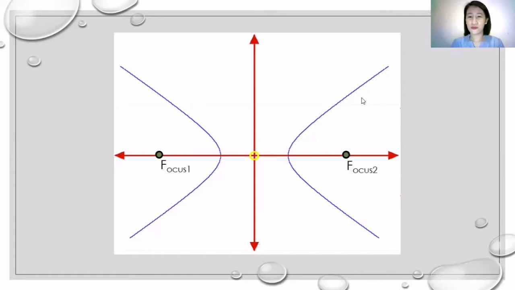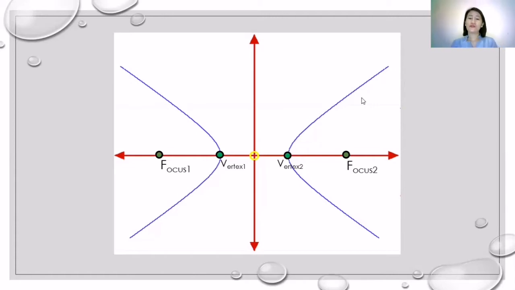So, let us have the parts. We still have the foci, focus 1 and focus 2. But we still have the vertex, but we no longer have co-vertex. We only have the vertices.